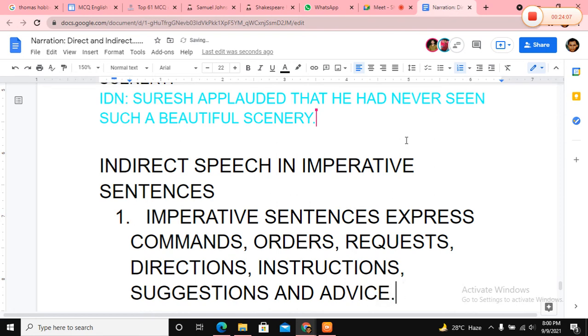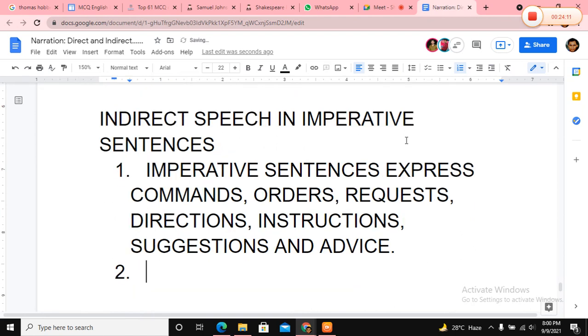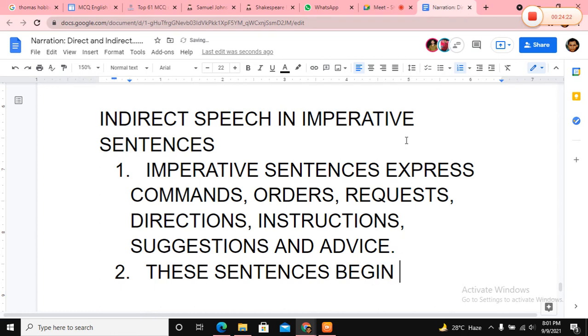The subject cannot be there in these. Second, these sentences begin with the first form of verb.